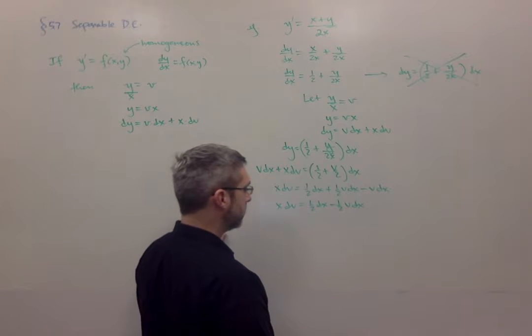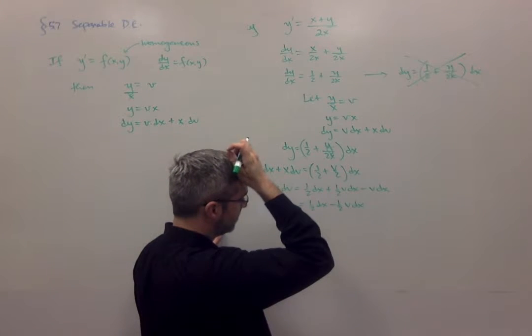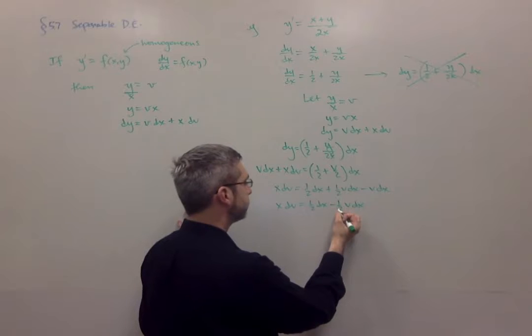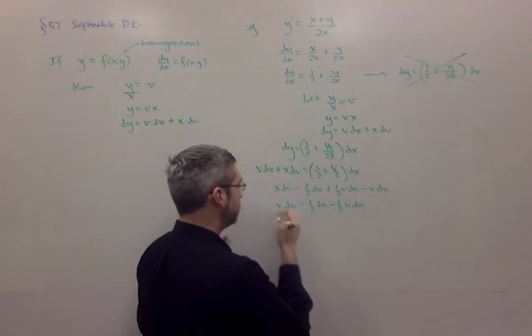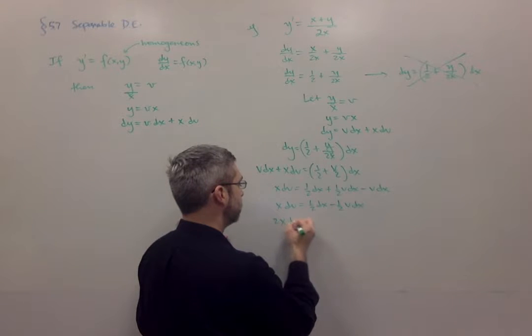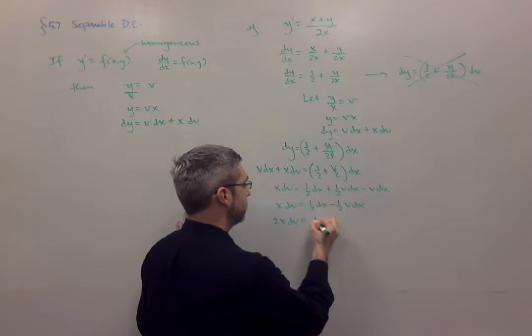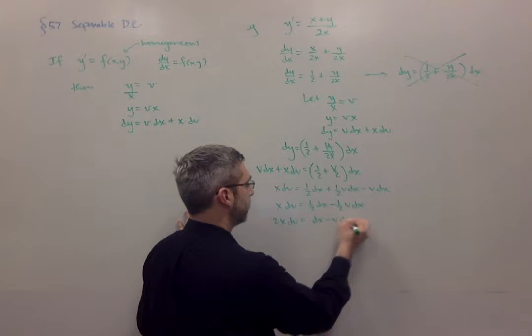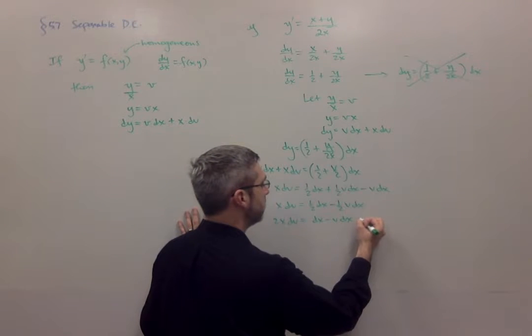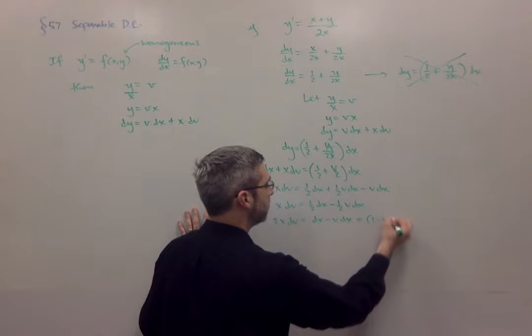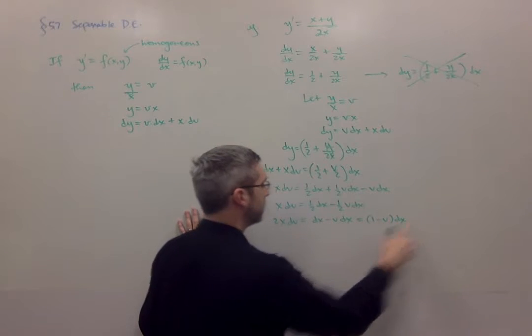So in other words, I'm actually kind of tired of these 2's, so let's multiply everything through by 2. I just don't like having fractions there. So notice I again have a dx here in both of these things, so I can pull that out and I'm left with 1 minus v.